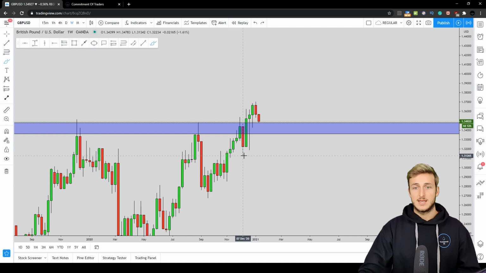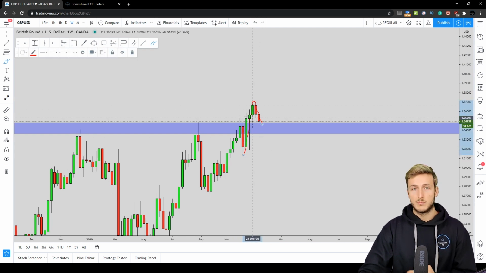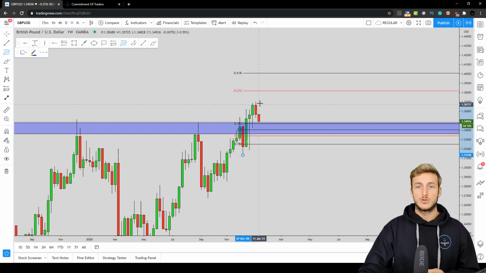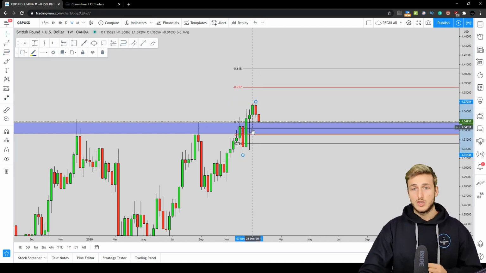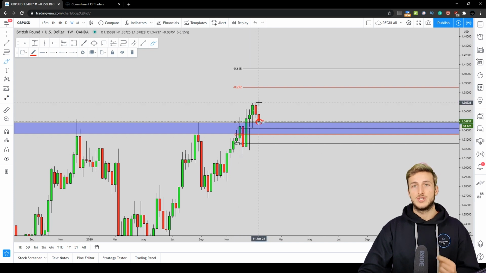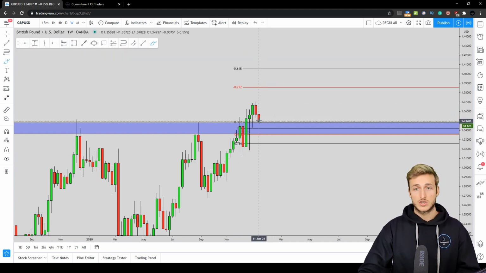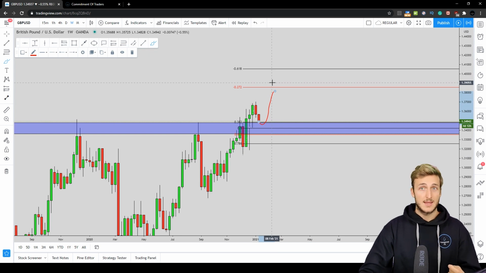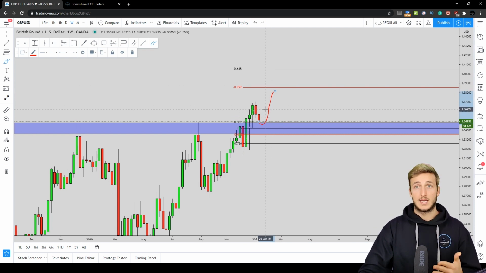What we can also see is that after an impulse, if you want to measure the correction, what you have to do is take your Fibonacci from the low to the high of the impulse. And if we take our Fibonacci from the low to the high of this impulse, what we can see is that the market has retraced exactly to the 0.32 of the Fibonacci taken on this impulse, from which we do expect the market to provide a continuation to the upside, possibly for the creation of this impulse, correction and impulse pattern to the upside and for the creation of a higher high.